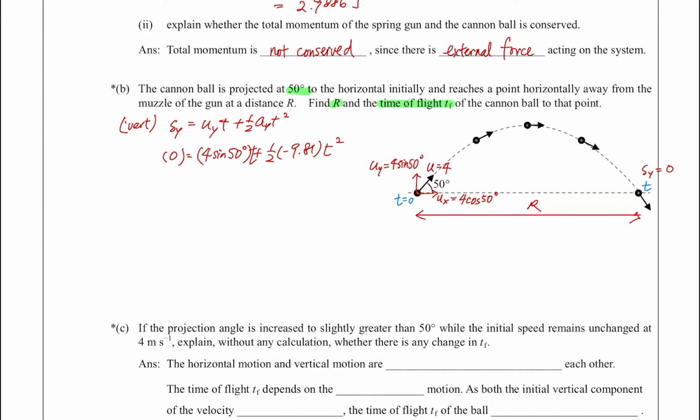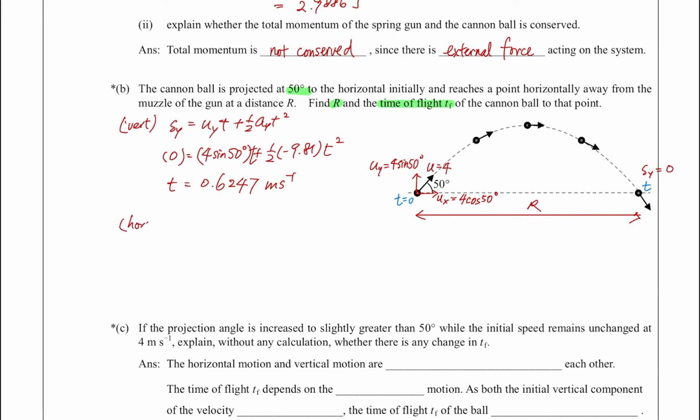So here we have a quadratic equation. After we solve the quadratic equation, we know that t is equal to 0.6247 seconds.